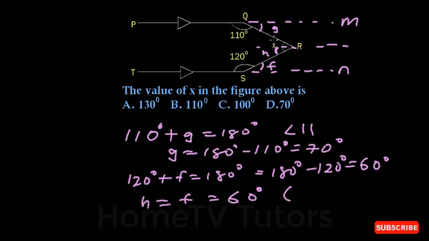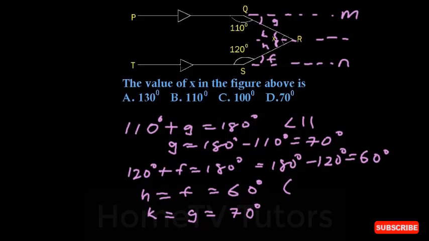Then for the other side of this bisected angle, let's assume this is K. So we now have K is equal to G because they are alternate angles, and G is equal to 70 degrees.